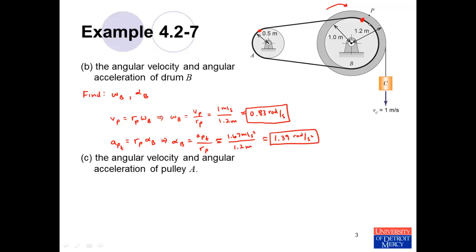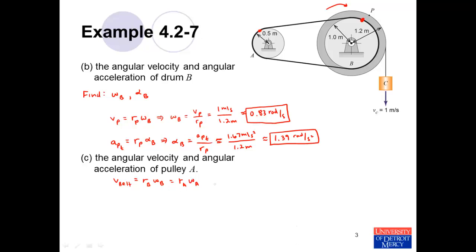So I'll just consider the belt velocity to be the velocity of any point on the belt. That's always going to be equal to the radius times the angular velocity of drum B, and it's going to be equal to the velocity of a point on the perimeter of pulley A, where it has a radius and angular velocity.